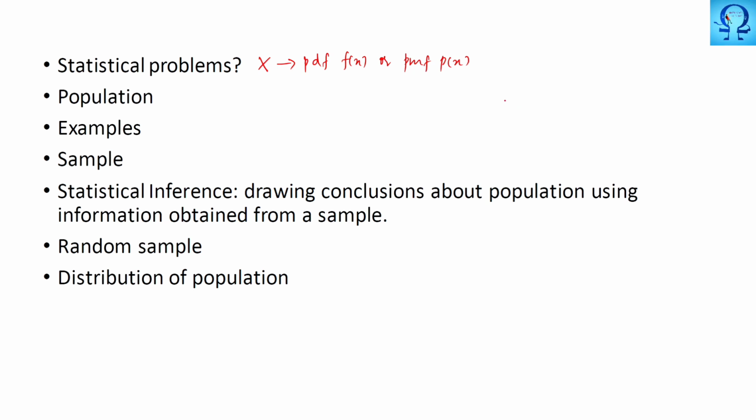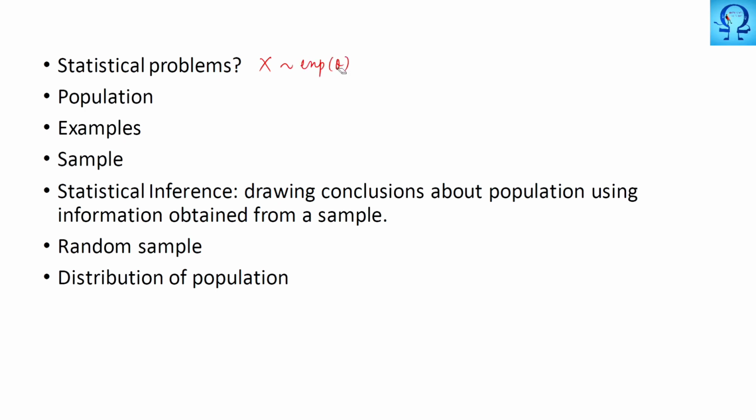And this can be known. The form of either the density or mass function can be known down to a parameter theta. For example, let me give some examples. Suppose you are dealing with the exponential distribution.